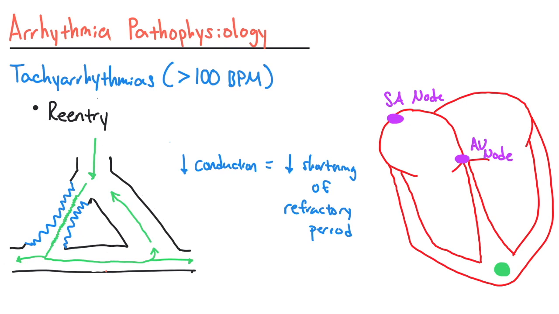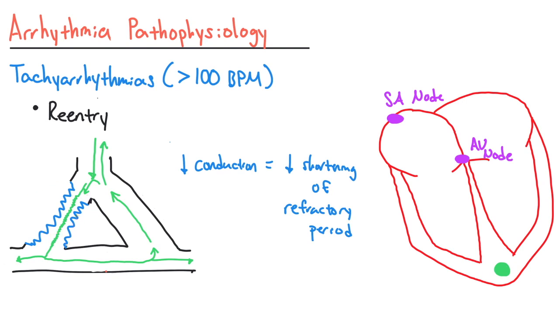And this, as you can see, can be very problematic, as it will come back up the right branch, fire a signal back up to the atrium, and then continue back down this left branch of the reentry circuit, as it is most likely already out of its refractory period due to that refractory period being short.